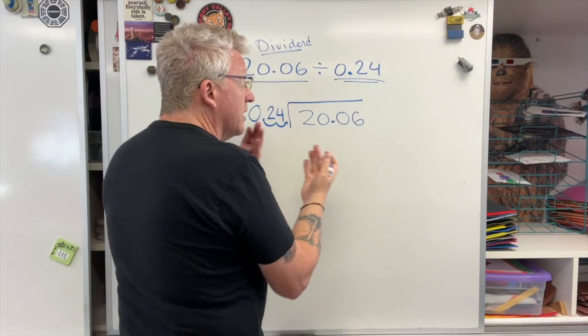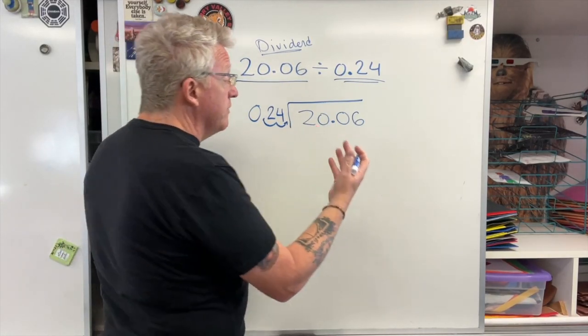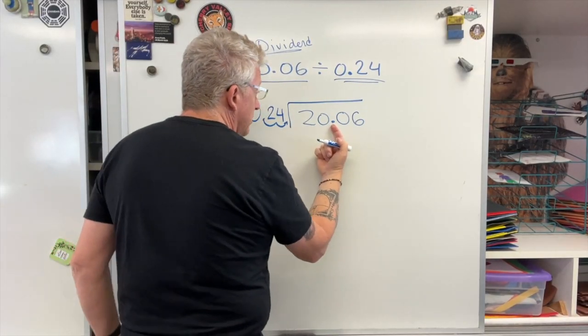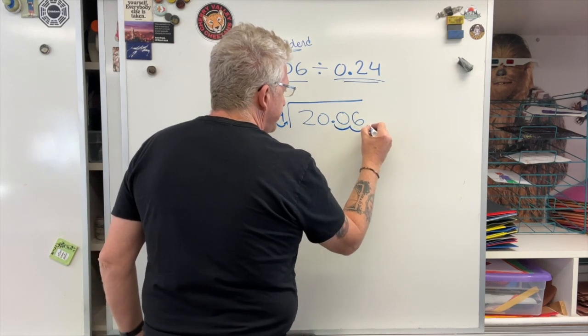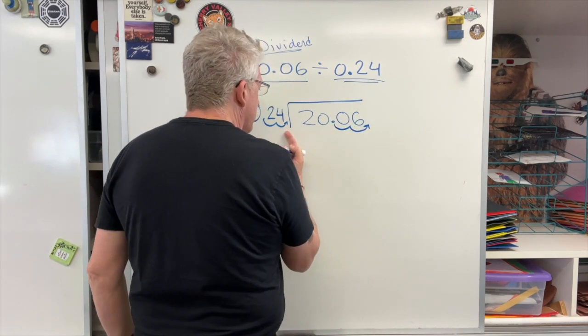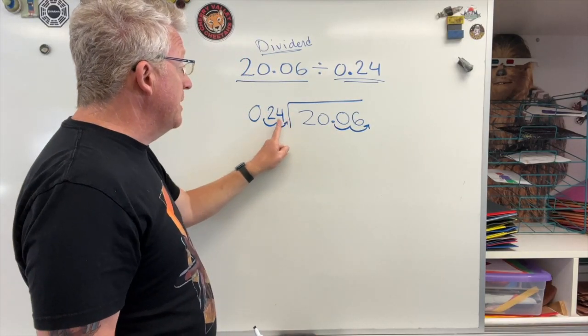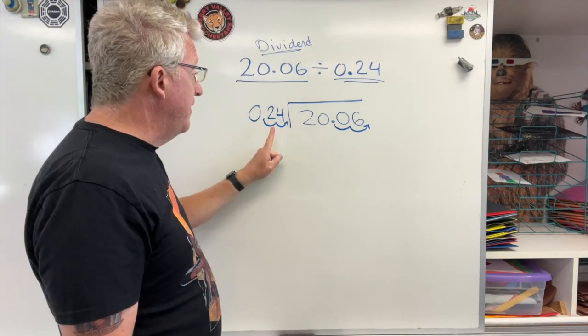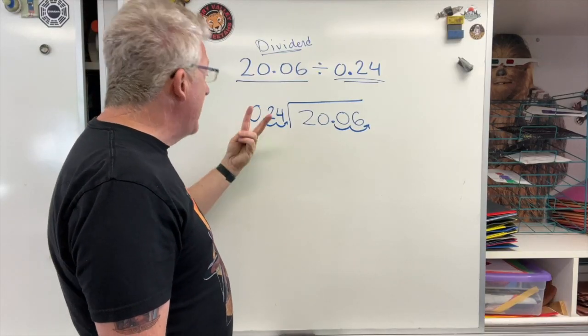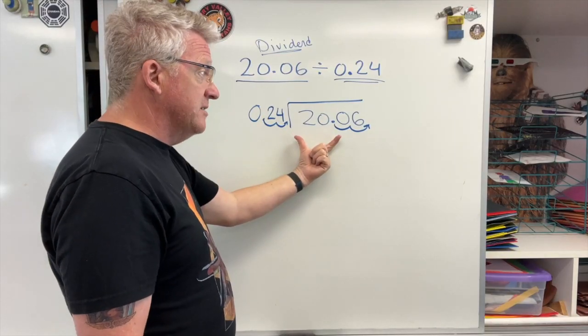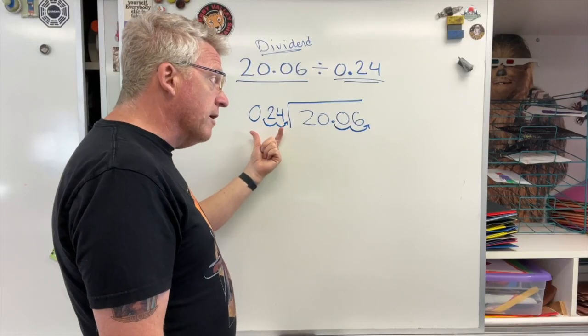But because we're looking for equivalency, we have to find an equivalent problem. We have to move this decimal 2 spots to the right. And the shortcut is, if you move it over twice, you have to move it over twice. You're trying to get that decimal point to move so this becomes a whole number out here. The divisor is a whole number. So now we're dealing with 2006 divided by 24.